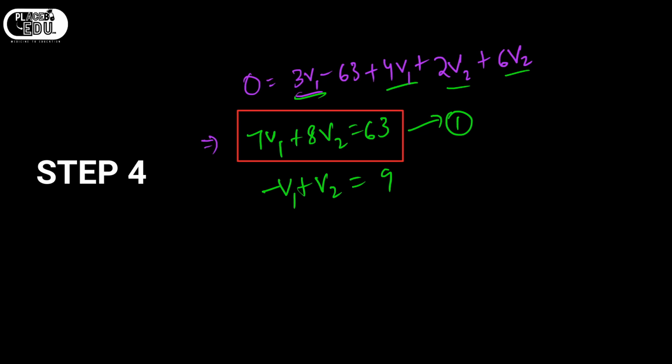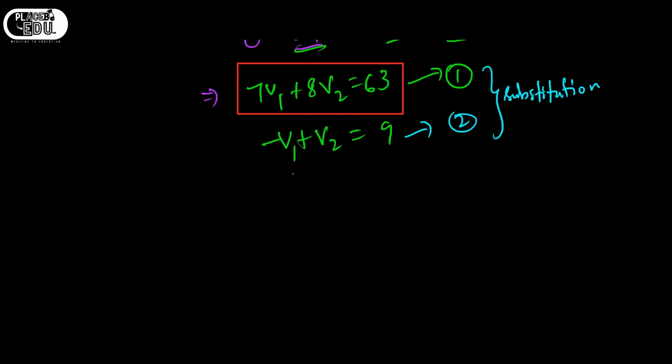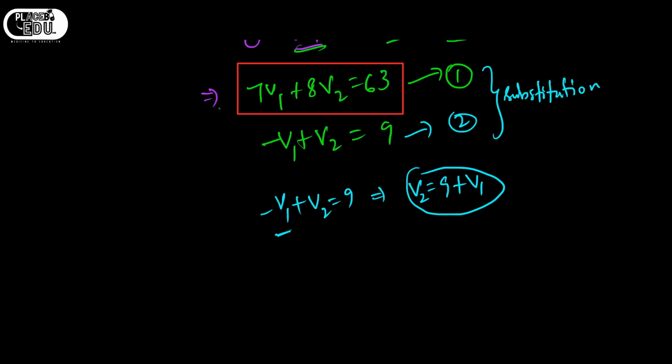We have to solve them. What will I do? I will use the substitution method to solve this. Okay. So how to use the substitution method? See here, V2 minus V1 is equal to 9. If I send this V1 to that side, that is V2 is equal to 9 plus V1. So I am going to substitute this V2 in this equation.